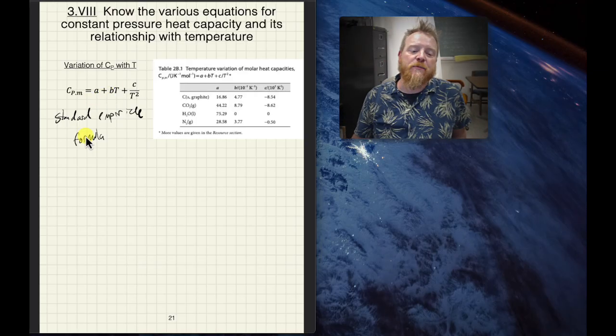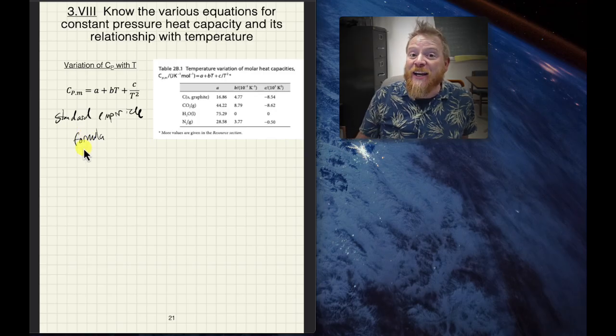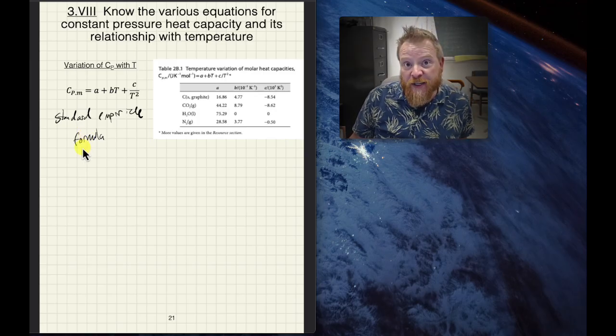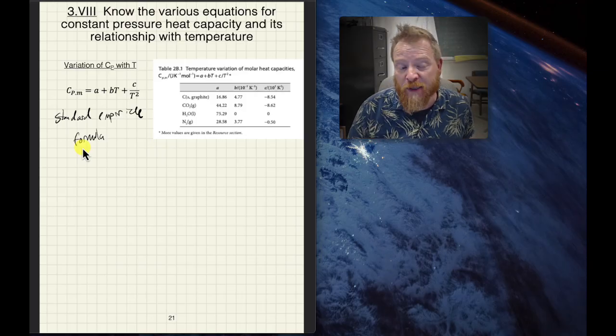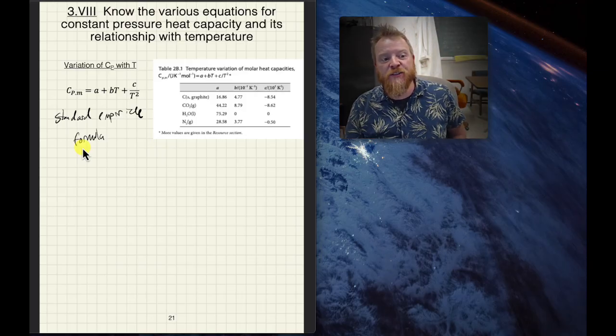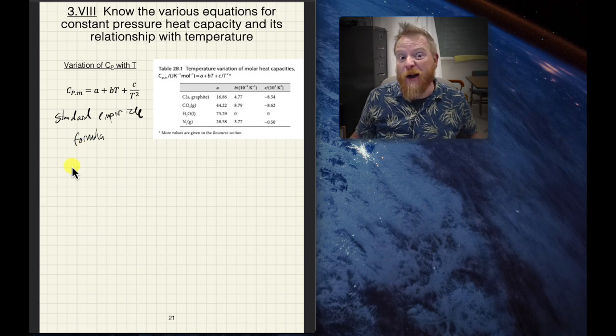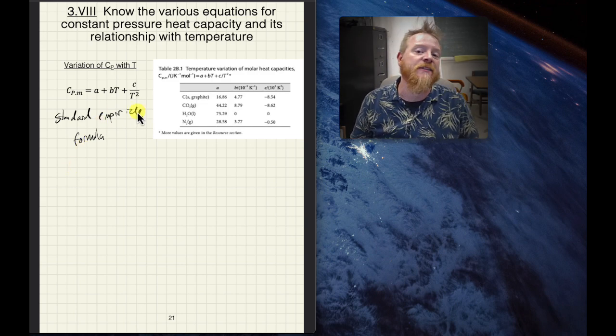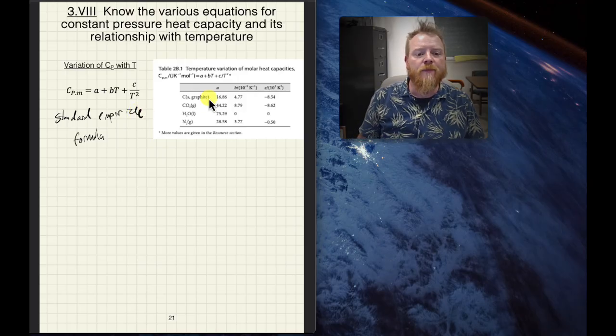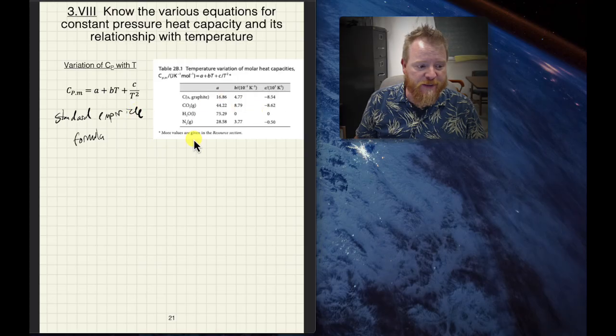And it's empirical because people will fit data to changes in temperature of a material with respect to heat applied, and that allows one to determine the heat capacity experimentally. So when we see things that are determined empirically, that means it was done experimentally. And so here are a few of the recommended values for some various substances, as you can see.